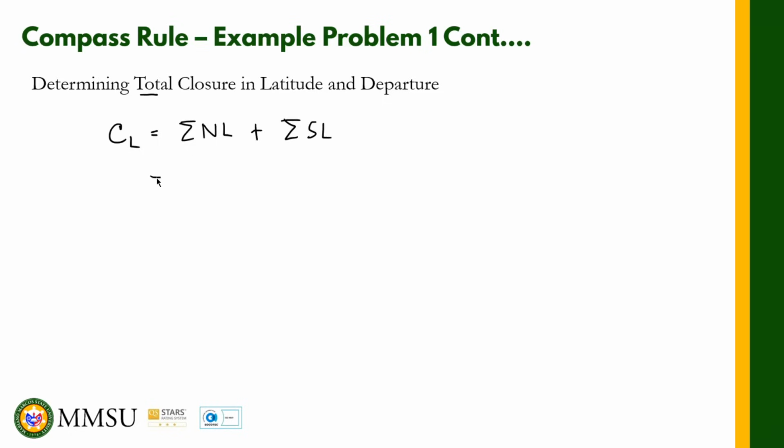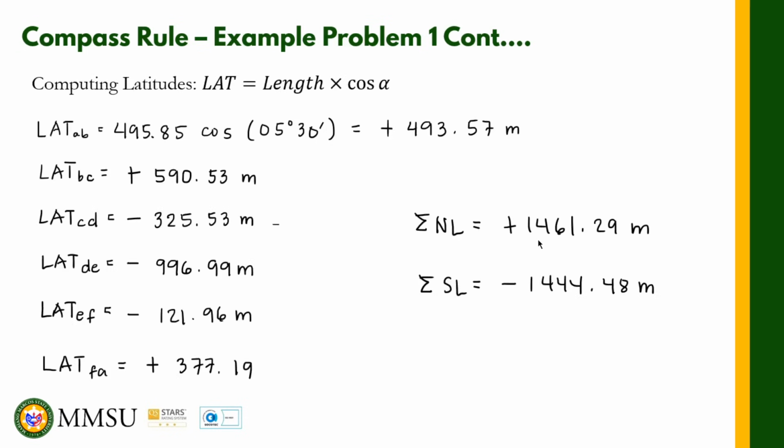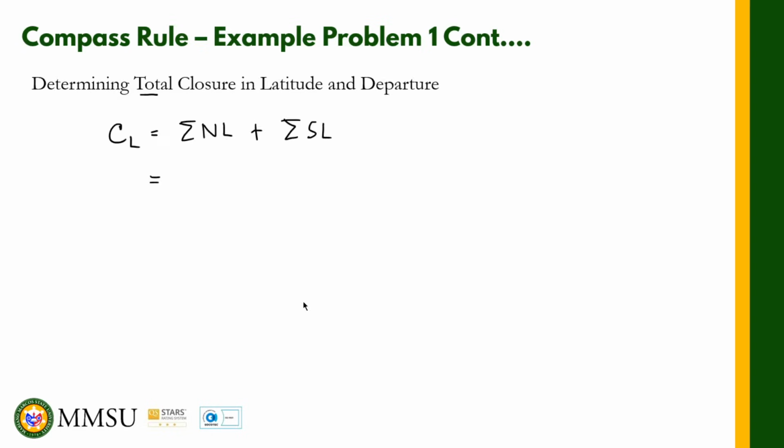Okay? So basically, ito lang. 1,461.29 plus negative 1,444.48. So basically, i-add natin yung dalawa, taking into consideration yung signs nila. Okay?